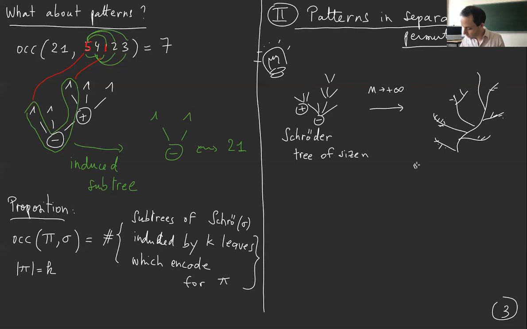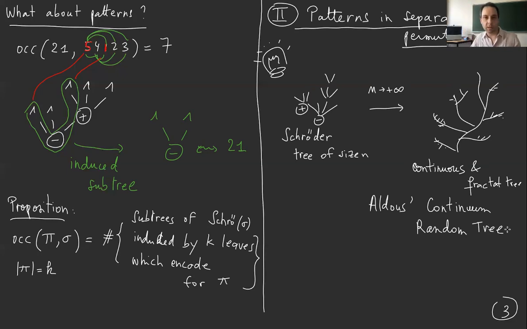Okay, so this is a continuous and fractal tree, called Aldous continuum random tree, which was introduced by Aldous in the beginning of the 90s.